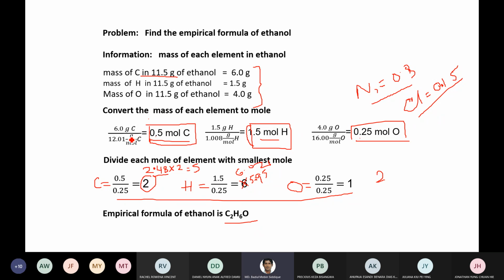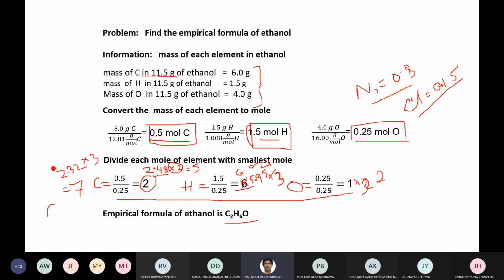And this multiplication by 2 should apply to everyone. This 6 would be multiplied by 2, and this one would be multiplied by 2 as well. If it were 2.33, or 2.32 let's say, then we should multiply by 3, so that it will be rounded up to 7, and this 6 will be multiplied by 3 as well, and 1 will be multiplied by 3 as well.